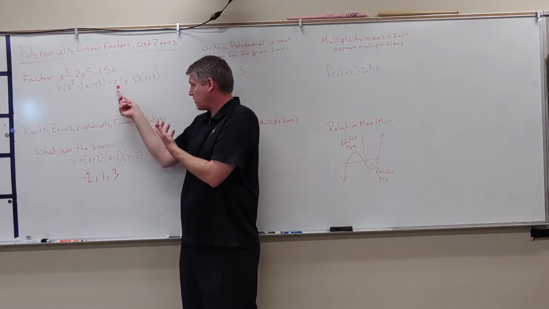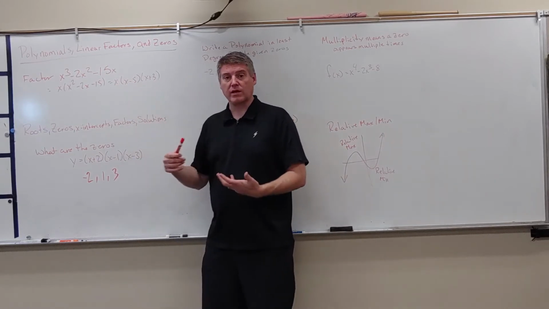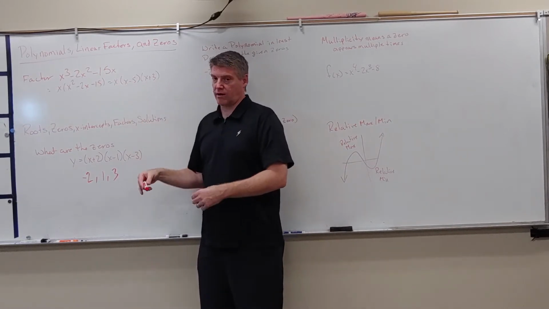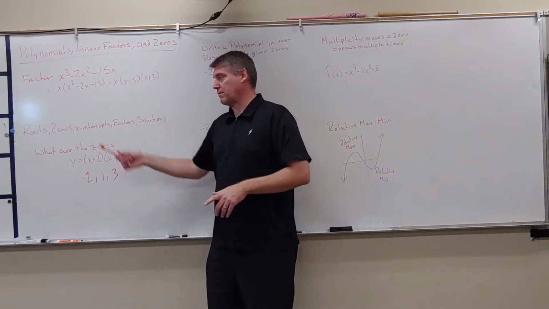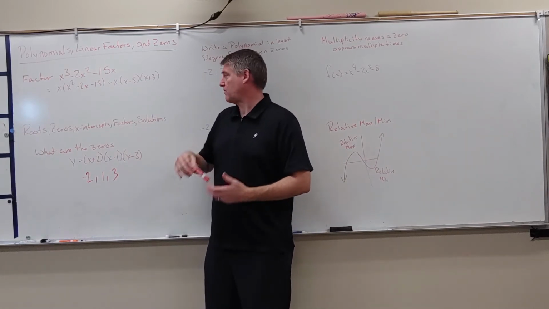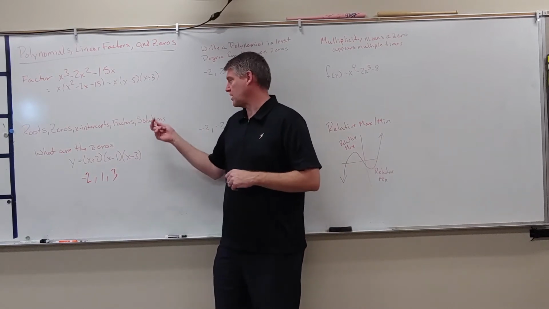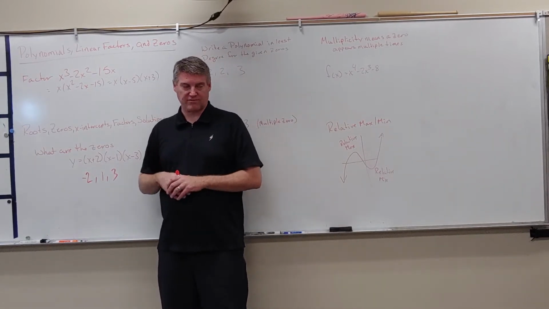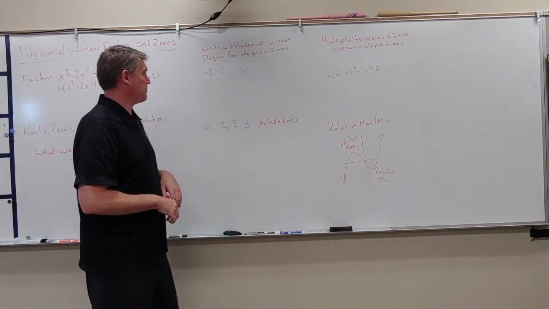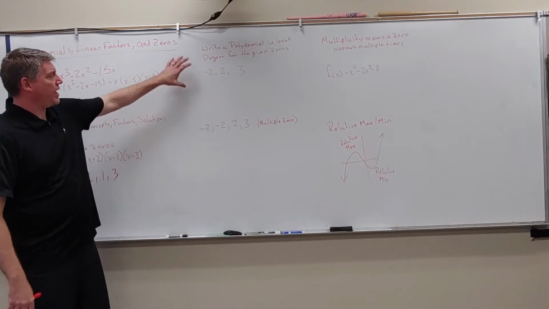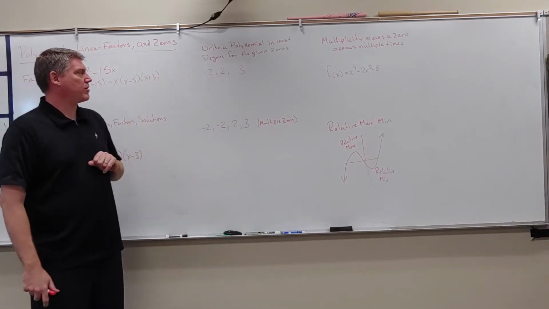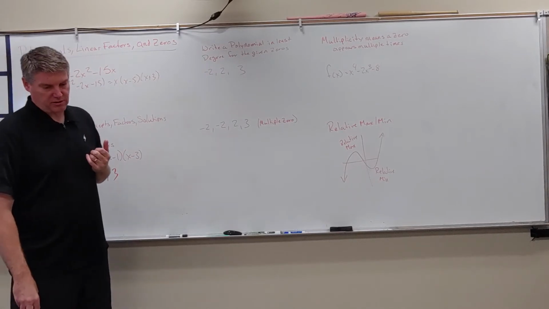My zeros up here would be 0, 5, negative 3. My roots are 0, 5, negative 3. My x-intercepts are 0, 5, negative 3. My factors are 0, 5, negative 3. And my solutions are 0, 5, negative 3. See? All the same.